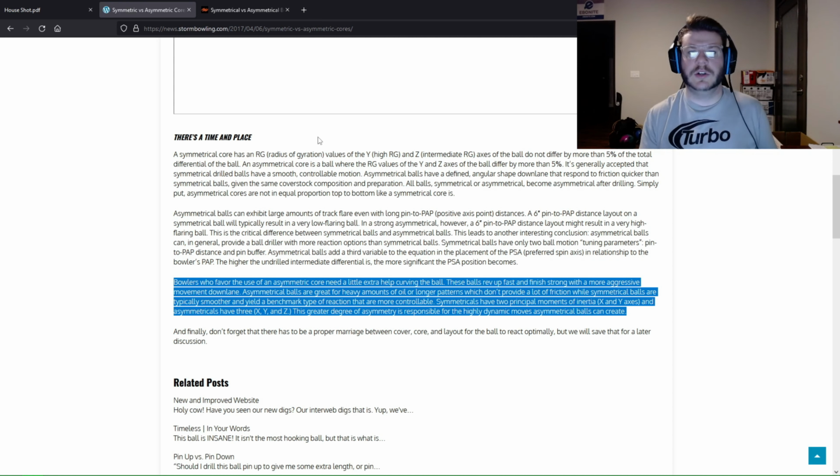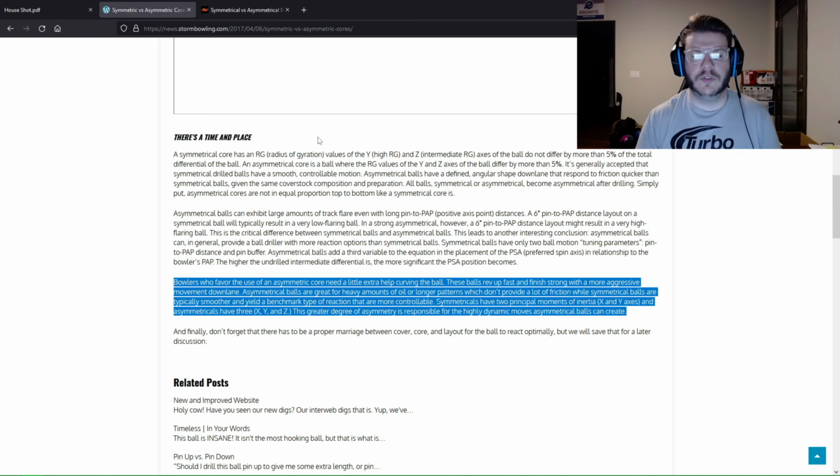So I want to start with showing you the same thing I showed in part 1, and that is an article on Storm Bowling's website that's titled Symmetric versus Asymmetric Cores. And I just want to read the highlighted part to you guys again, just to refresh in case you watched part 1 or in case you're skipping it. So, bowlers who favor the use of an asymmetric core need a little extra help curving the ball. These balls rev up fast and finish strong with a more aggressive movement down lane.